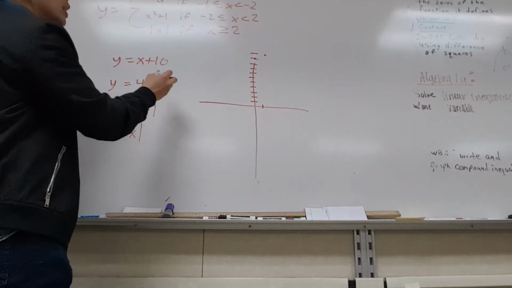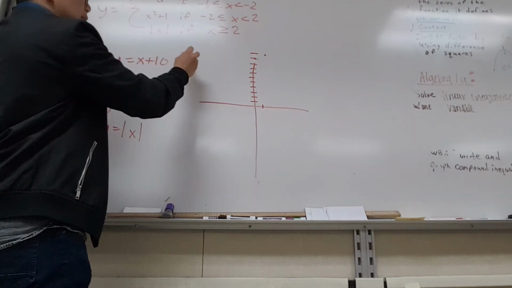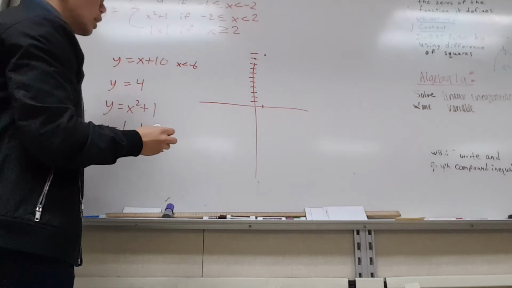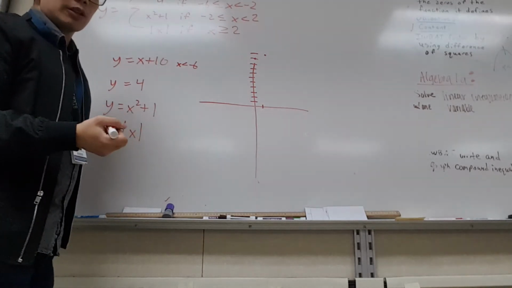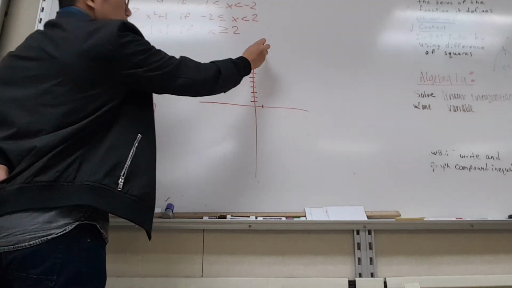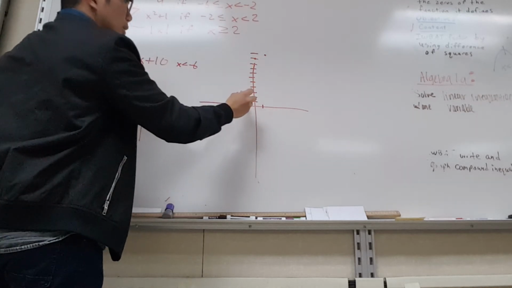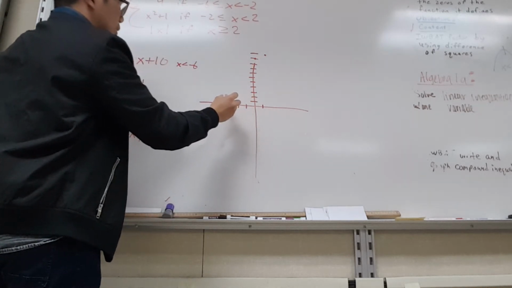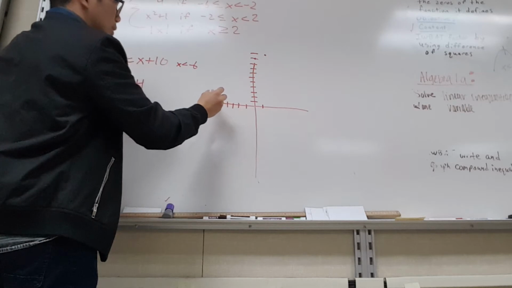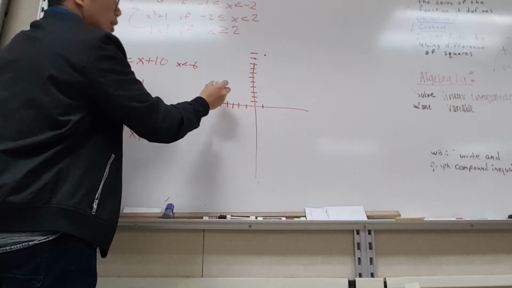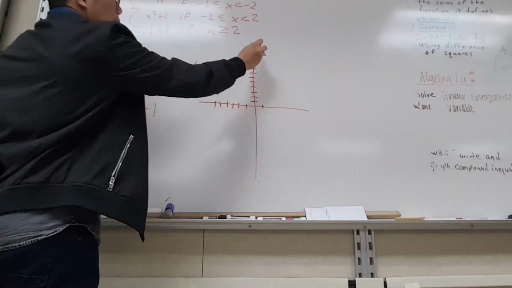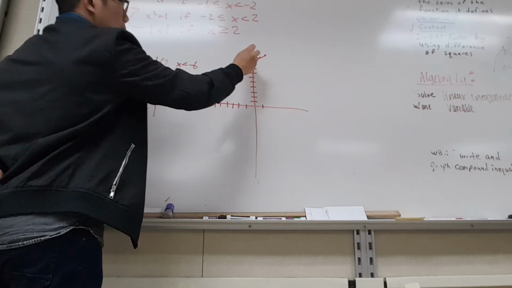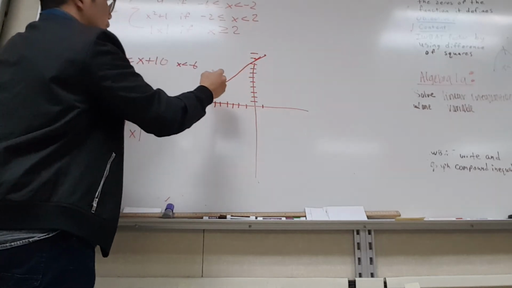However, the restriction on it is x is less than negative 6. So what you could do is graph the line like you normally would, and then you would cut it off.